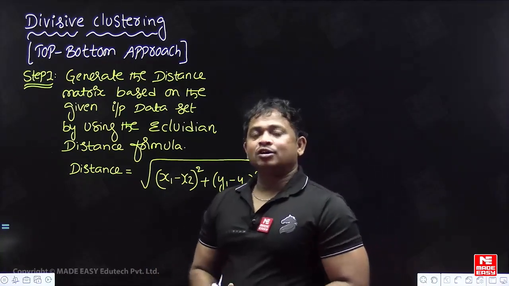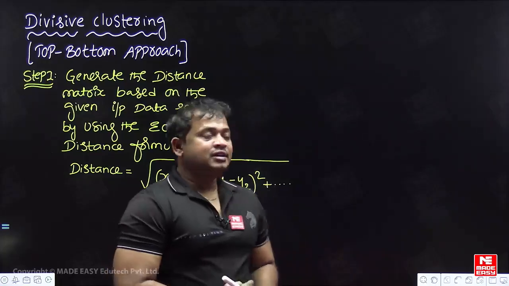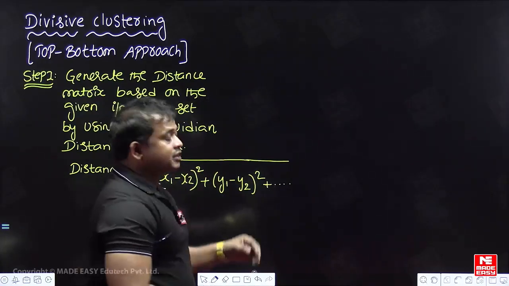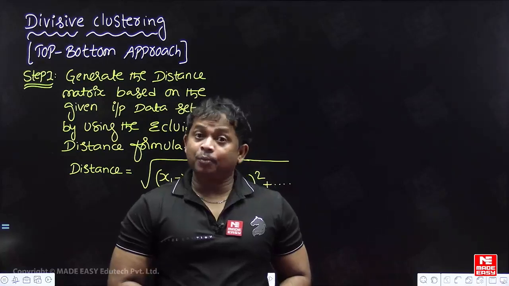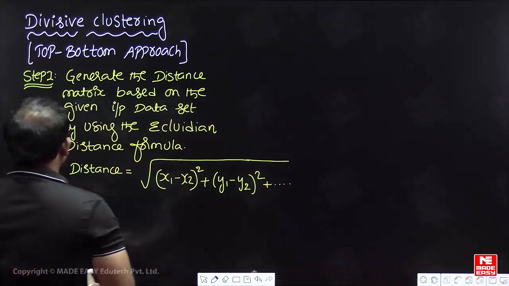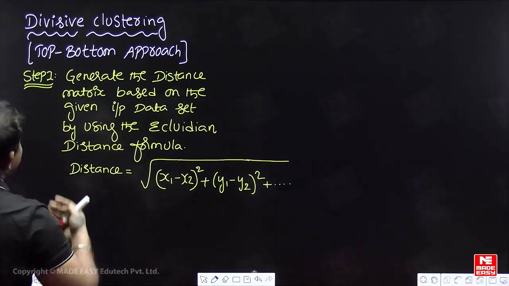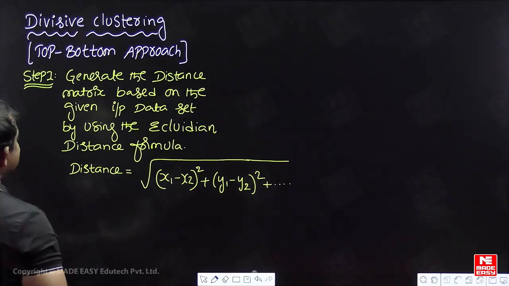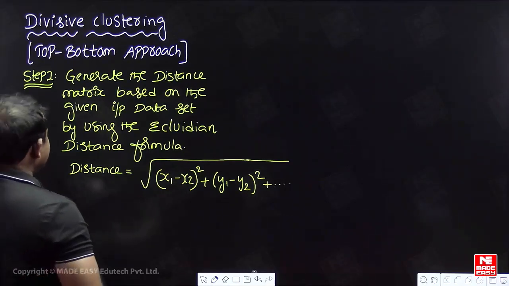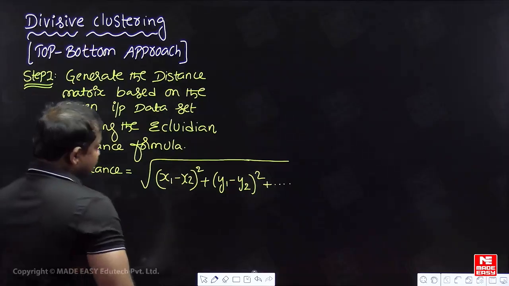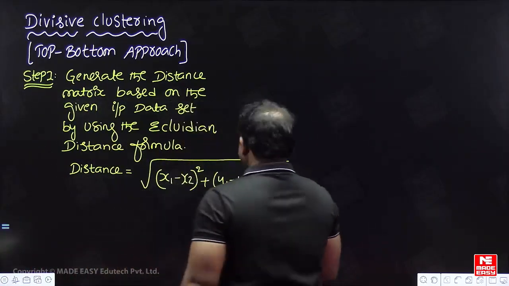So according to how many columns are given, we are going to find the distance between the pairs or between the points. All right. So step 1 is generate the distance matrix based on the given input data set by using the Euclidean distance formula. All right. Second step.